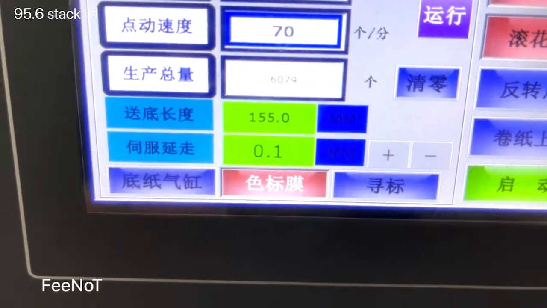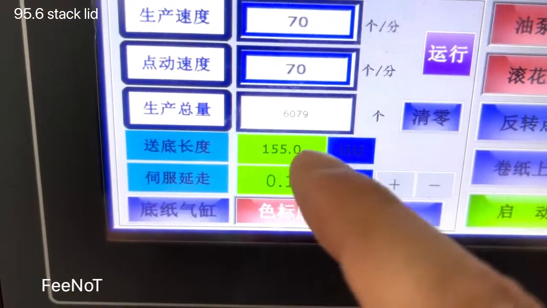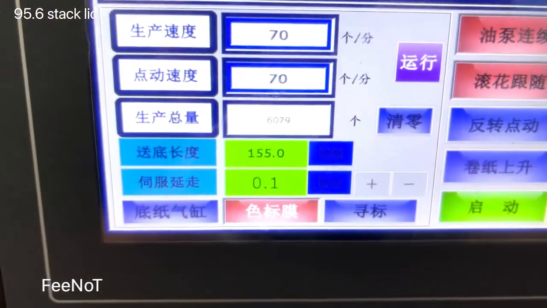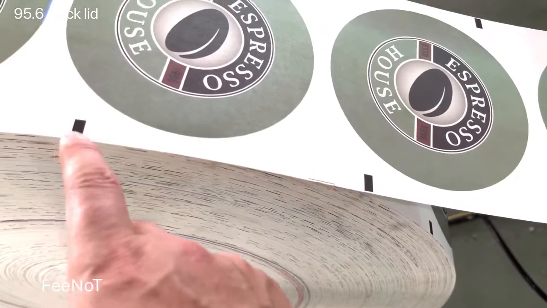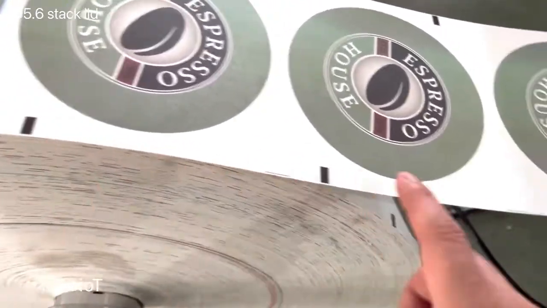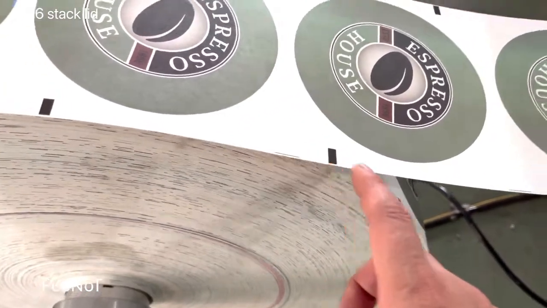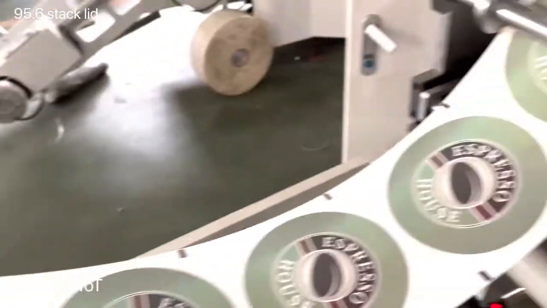So we set the thread length 155. We change to 155 because it's not very accurate. Some of them is 152, some of them is 153.